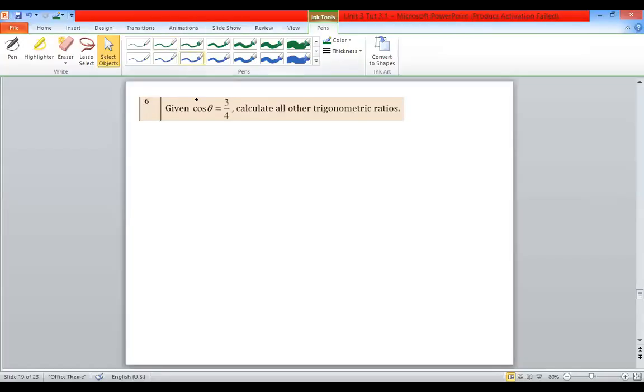First of all, you can tell me the length of the triangle's sides. It means you can apply the Pythagoras theorem and tell me all the sides. This is your triangle.